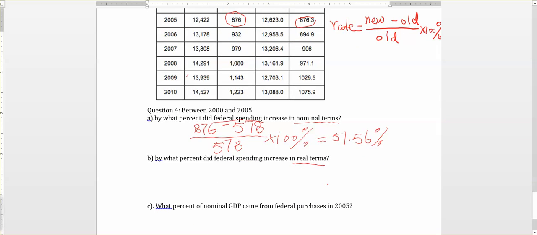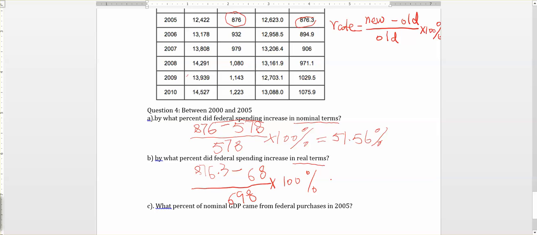What we write down is the new number, 876, minus the old number, 698, divided by the old number, 698, times 100%.